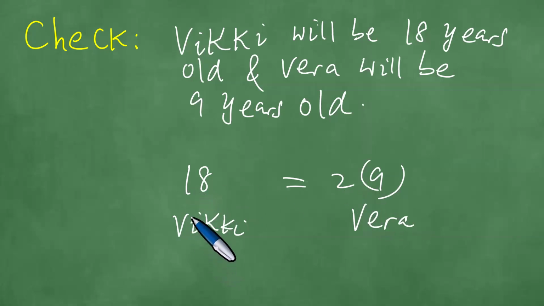Therefore, Vikki will be 18 years old and Vera will be 9 years old, and at that time Vikki will be twice as old as Vera. This is a very interesting question.